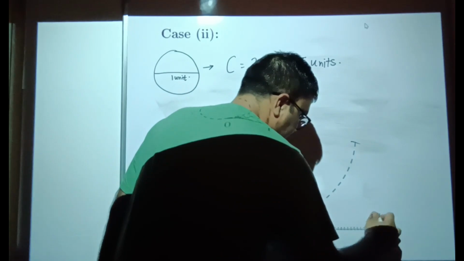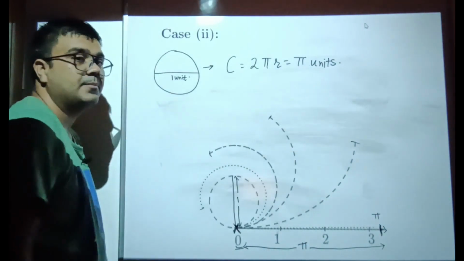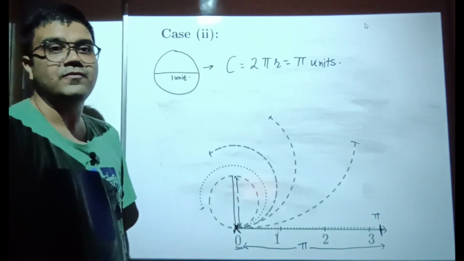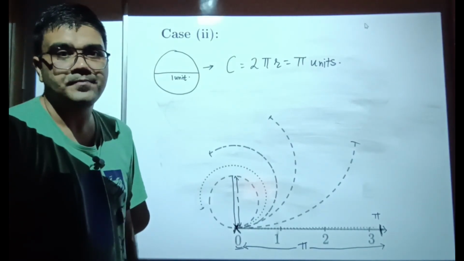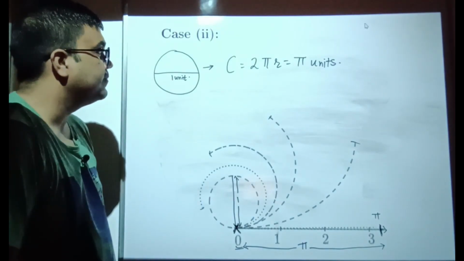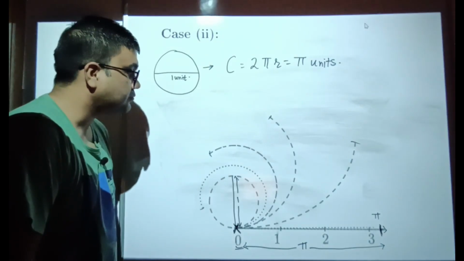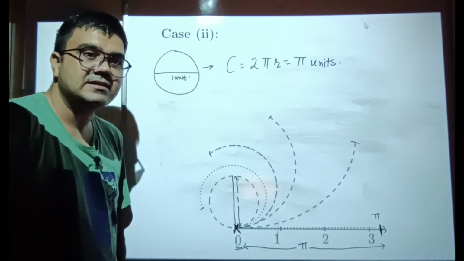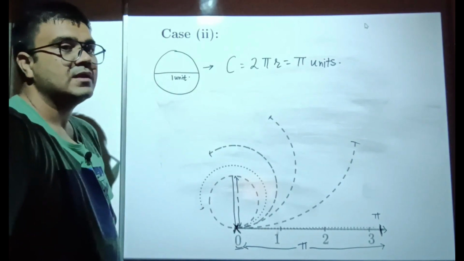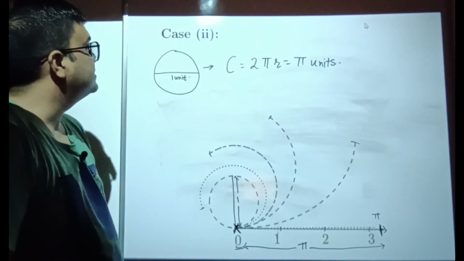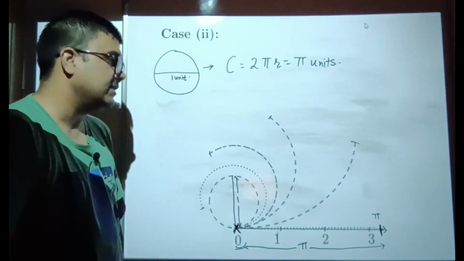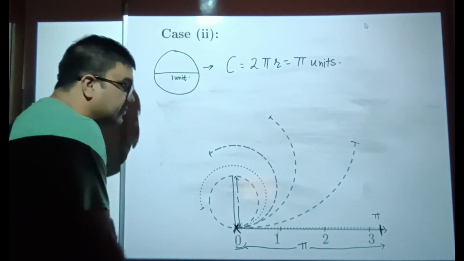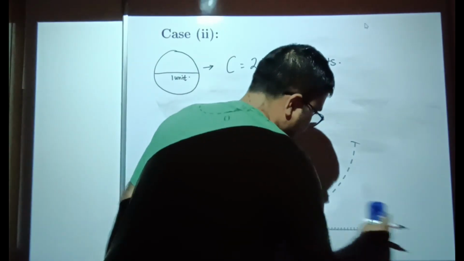So this is how we can represent the point pi on the number line. These were some geometric ideas showing how we can represent the points square root 2 or pi on the number line.